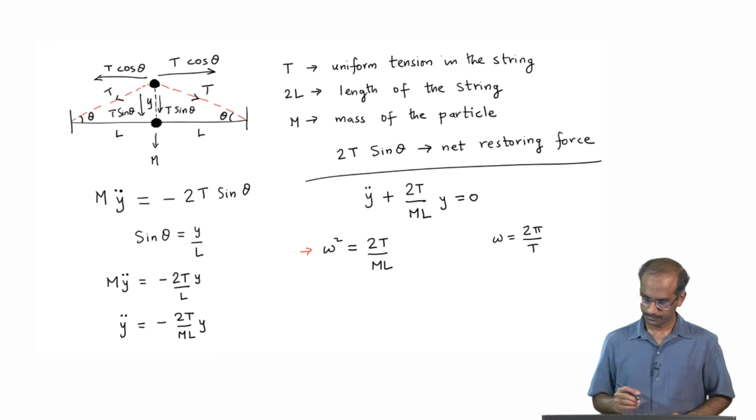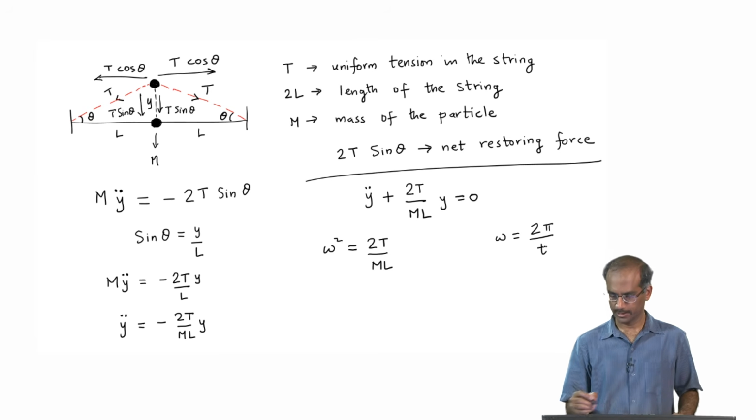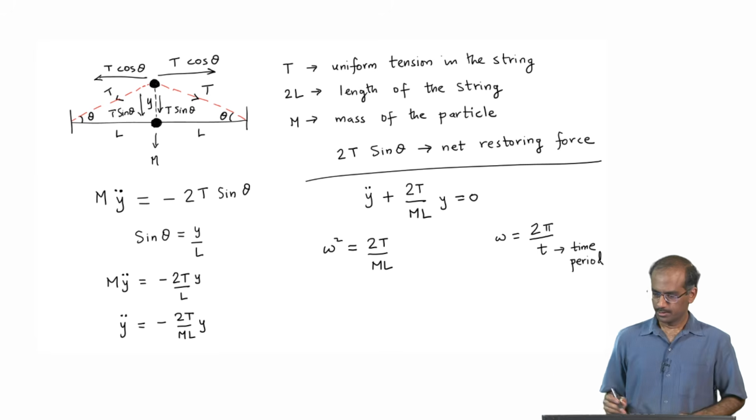We know that omega is the angular frequency, which is defined as 2 pi by, let me use small t because I am using capital T for tension. So, small t is the time period, and this is the time period that I want to find out.